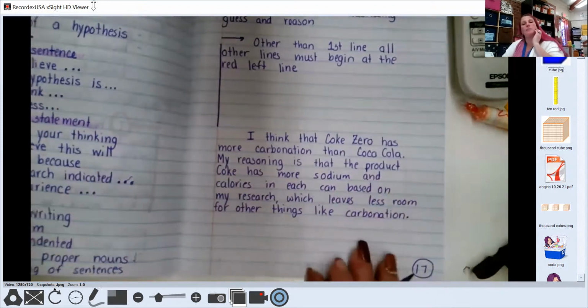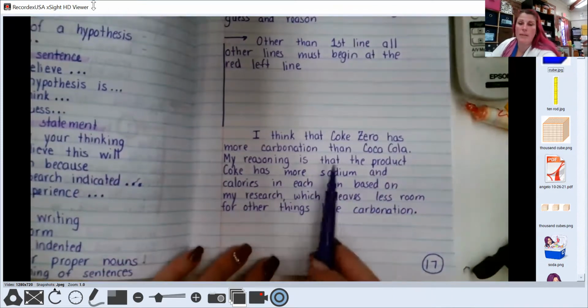Period. All right. I think that Coke Zero has more carbonation than Coca-Cola.